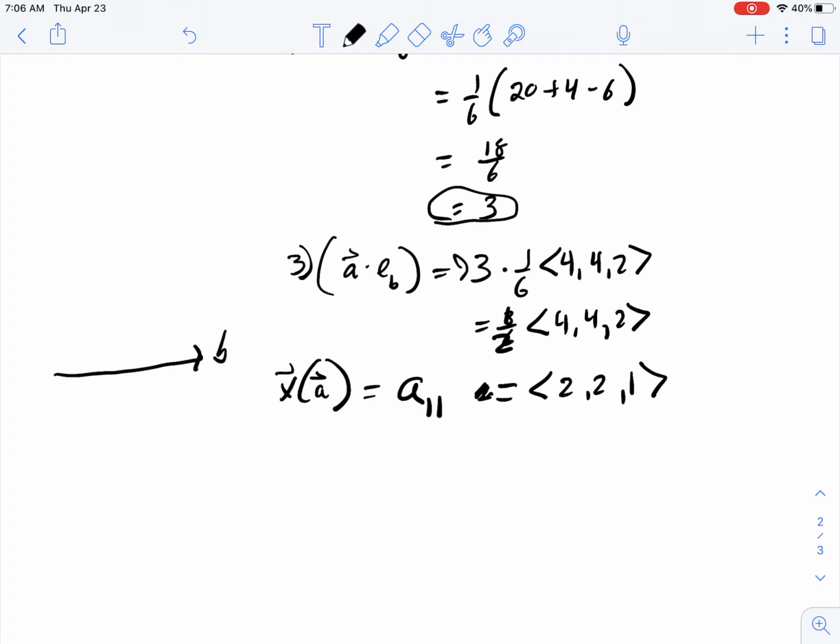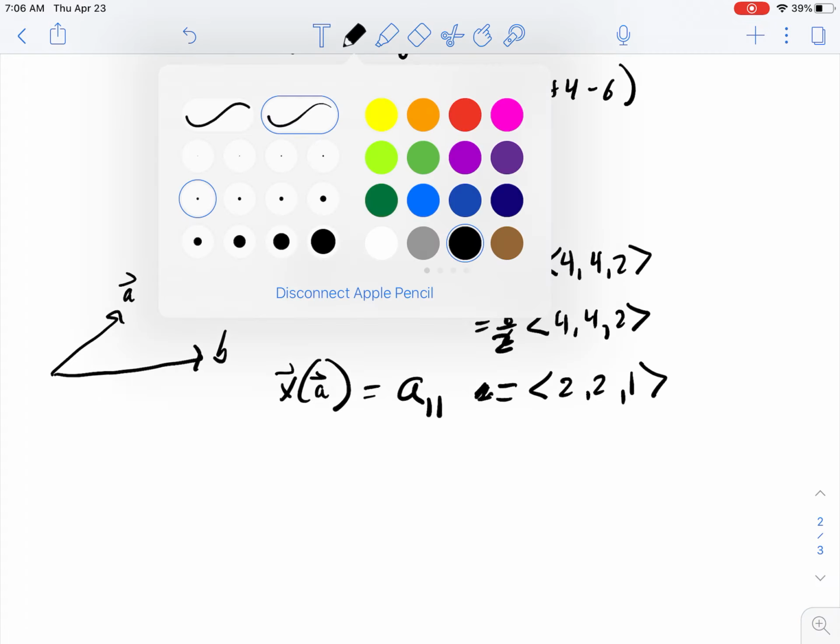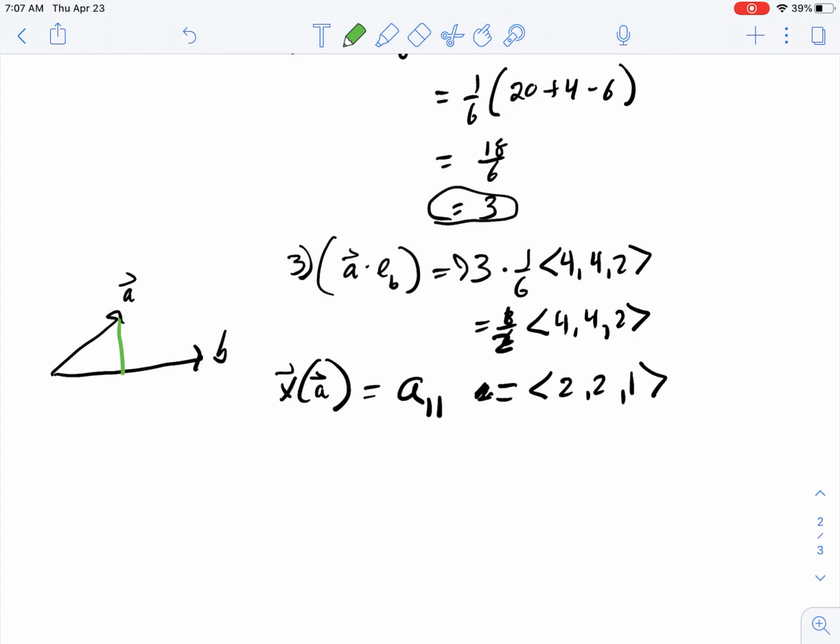So you think about it: here's B, here's A. If I draw a triangle here, this is my x component that I found. That is why they call it A parallel, because it parallels this vector here.